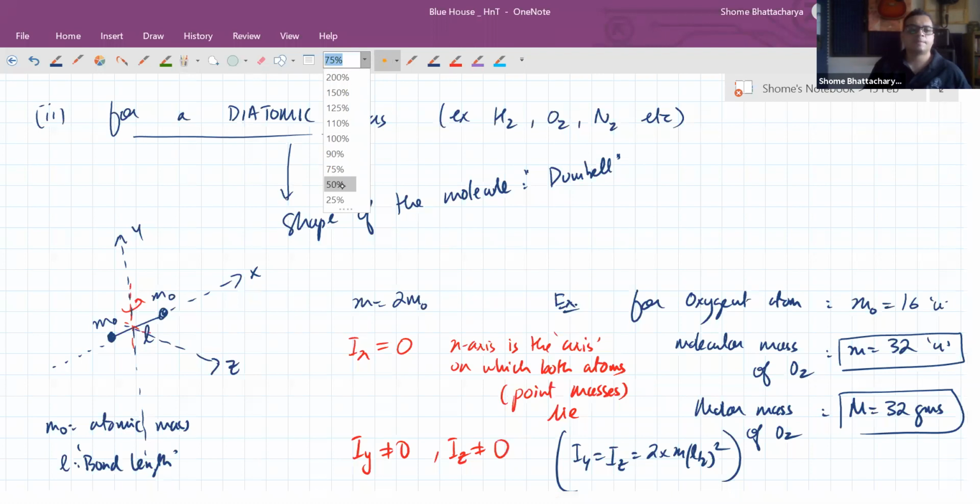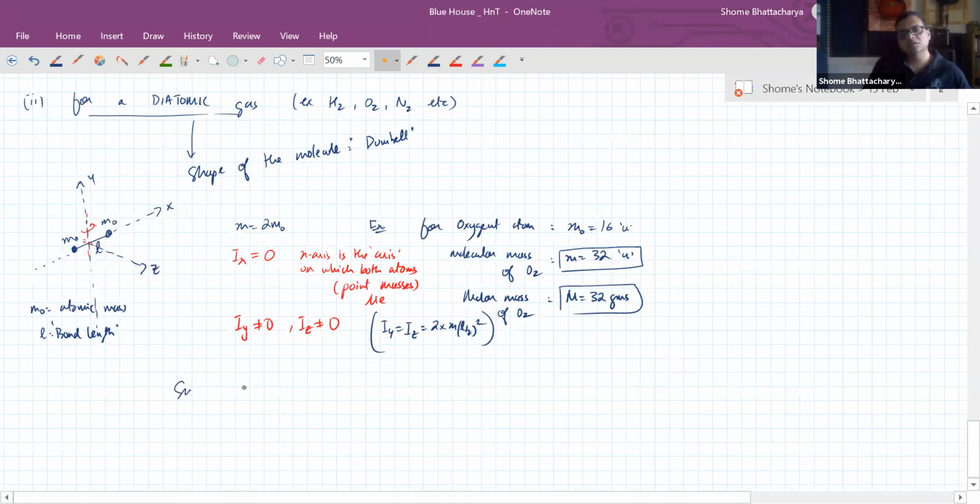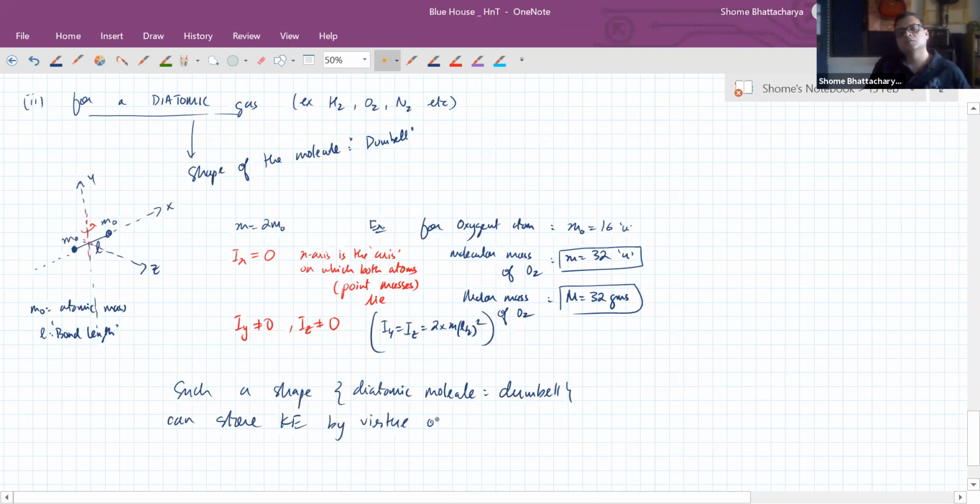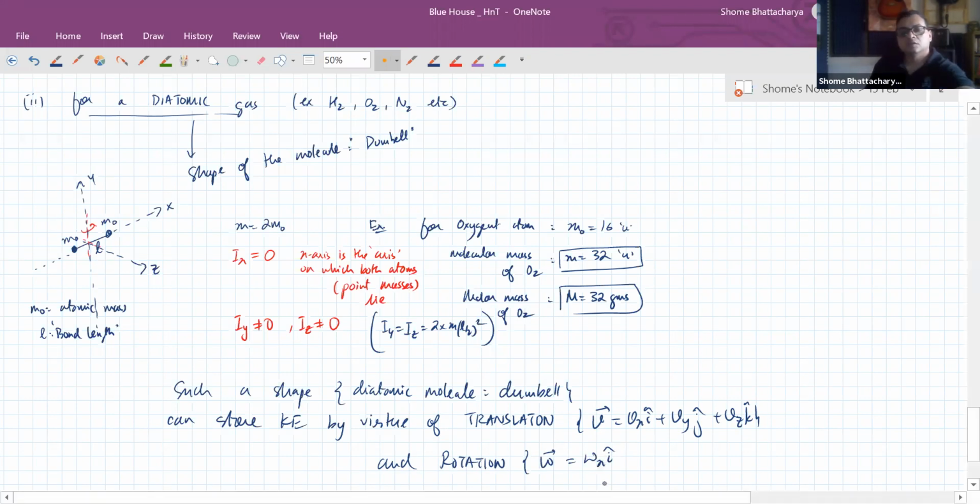So such a shape, that is the diatomic molecule shape, a dumbbell shape, can store kinetic energy by virtue of translation, where its velocity has 3 degrees of freedom, and rotation, where the angular velocity is the sum of angular velocity about the y-axis and about the z-axis.